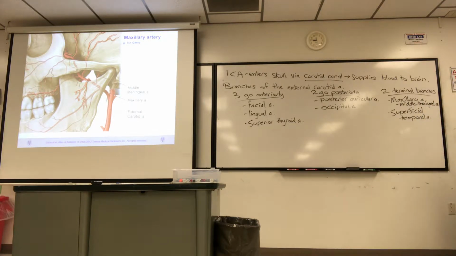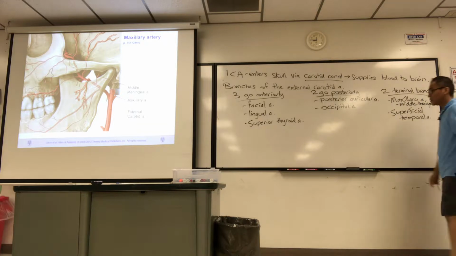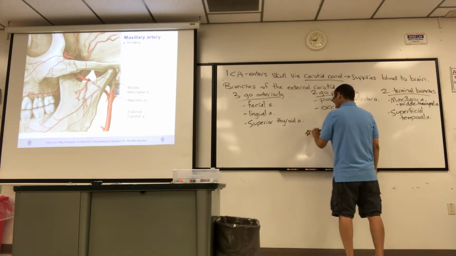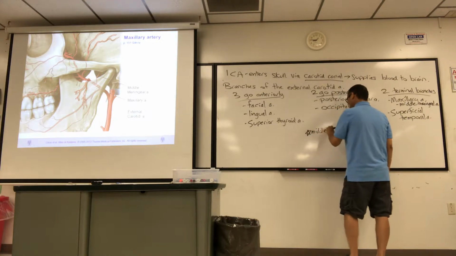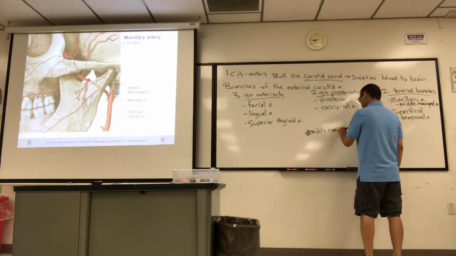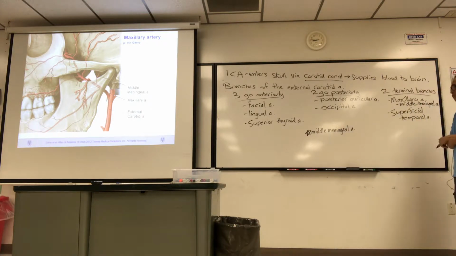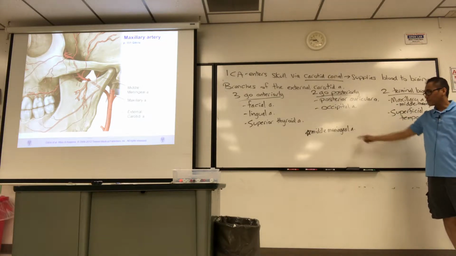Middle meningeal artery. A little note on middle meningeal artery. You know, the meninges, the connective tissue coverings around the brain, not the brain, like the dura mater, you know, those. Well, anyways, these are in the dura. Branches of middle meningeal artery are in the dura.